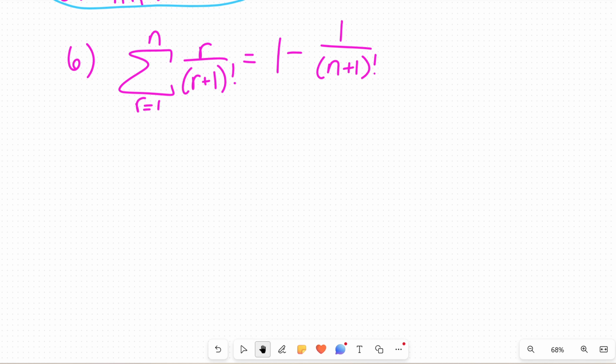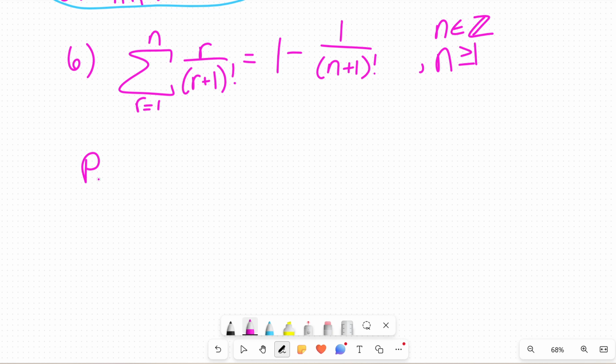We know that when we're working with mathematical induction, the first thing we need to prove is the base case. I forgot a very important step here, and that's just noting that n is an integer, for n greater than or equal to 1.